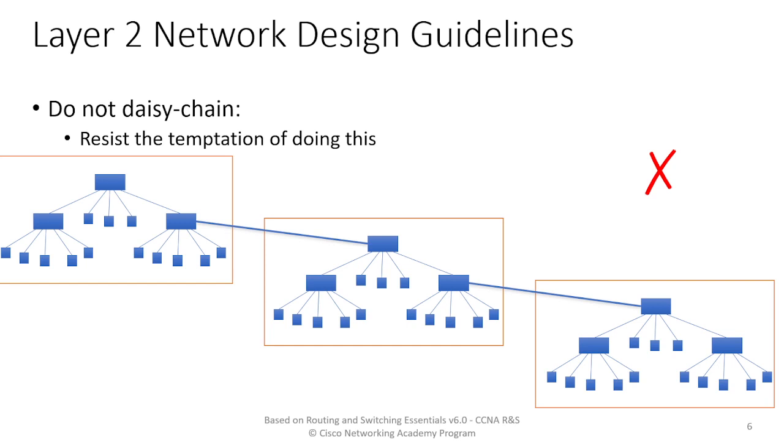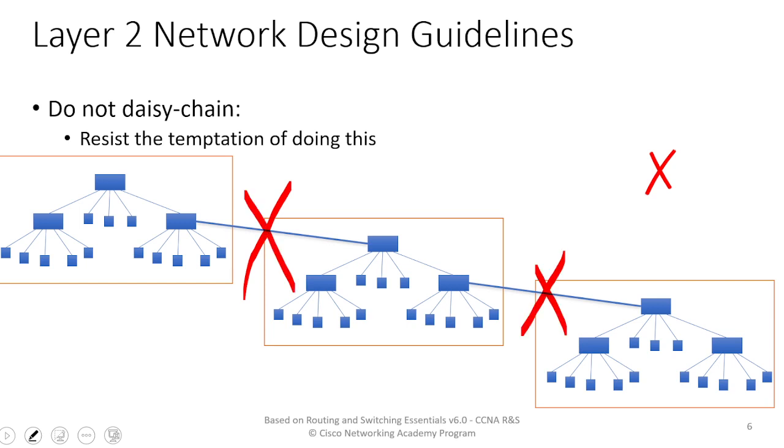But that is something that should be avoided. That's not at all a preferable solution, because that can lead to very bad failures in our networks, because that leads to some significant single points of failure.